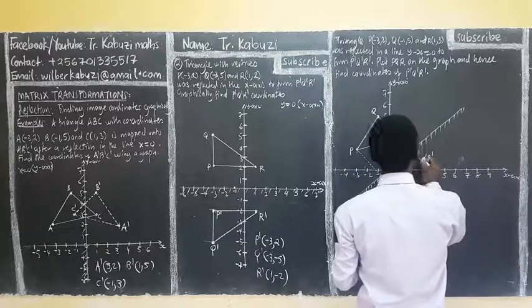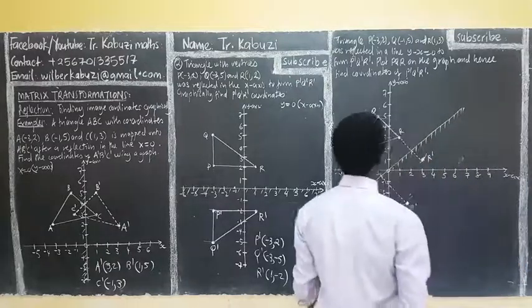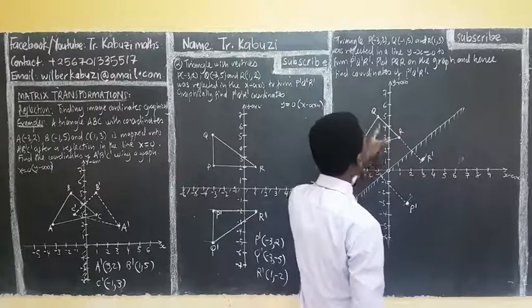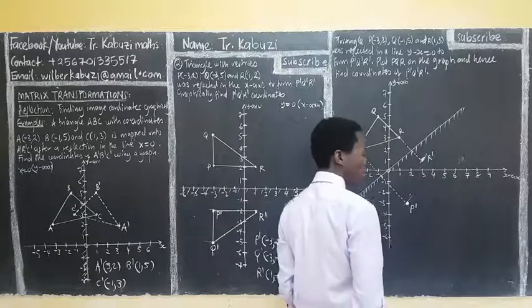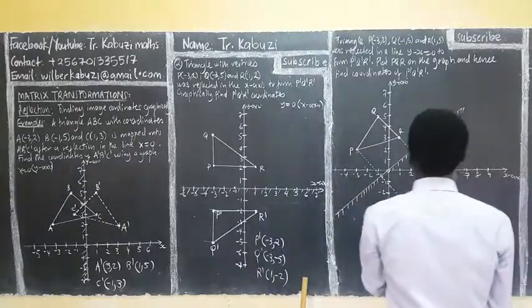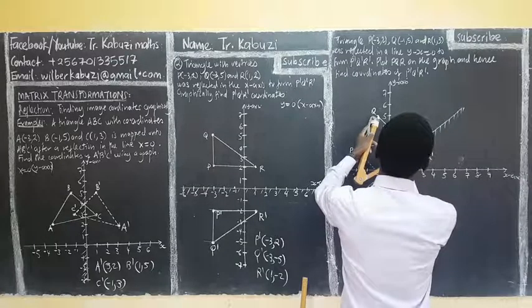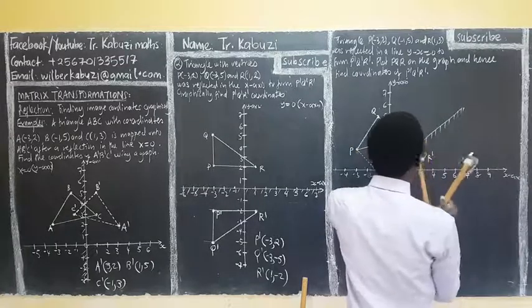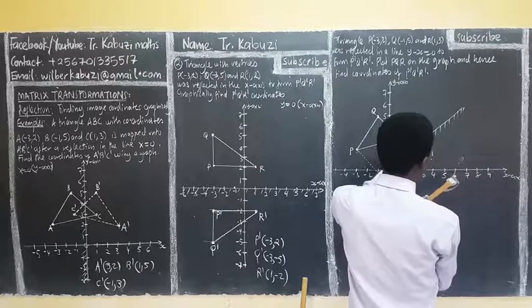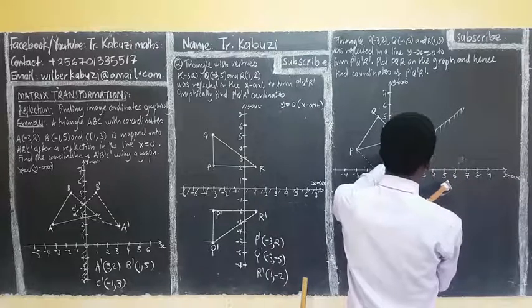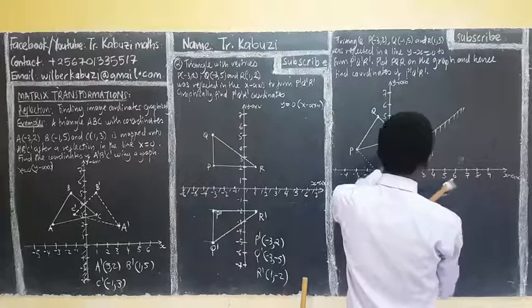Okay, so that's it, members. Then you come to your Q. You see Q is now a bit long. You measure from this line to Q. You transfer the same distance to this side and you put it. This is going to be my arc.